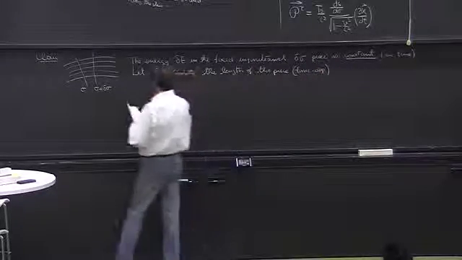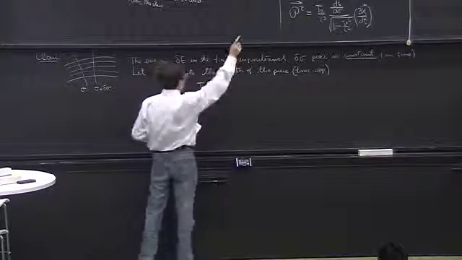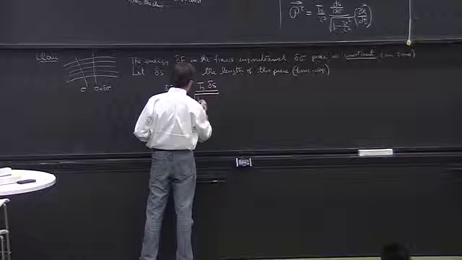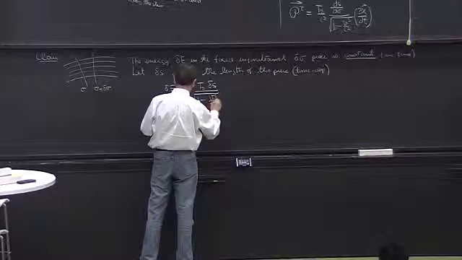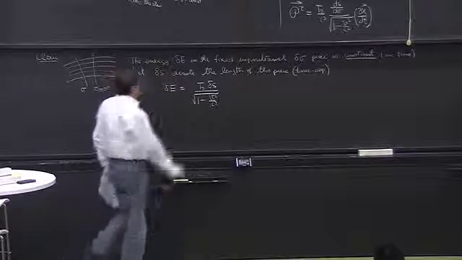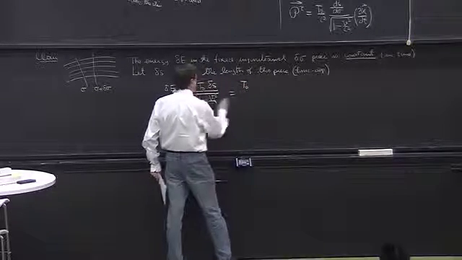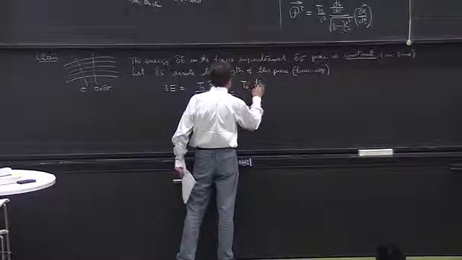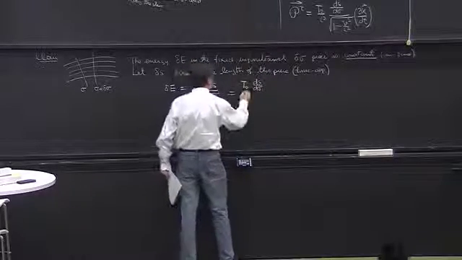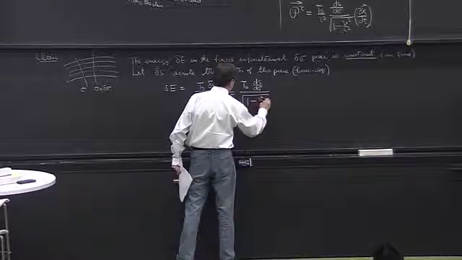So what is the amount of energy in that little piece of string? From our formula for the Hamiltonian, it is T naught delta S over the square root of 1 minus V perp squared over C squared. So I will write it this way: T naught, and the change in S is the derivative of S with respect to sigma that has been showing up there, over the square root of 1 minus V perp squared over C squared.